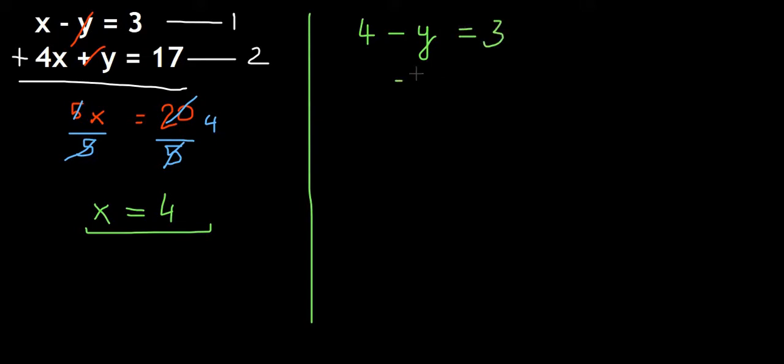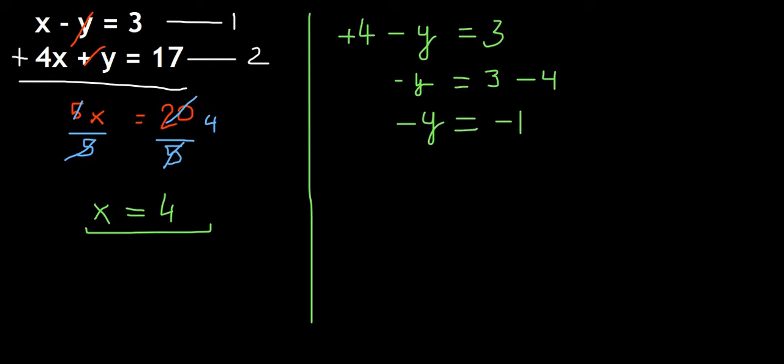Now minus y is equal to 3 minus 4. That's because over here the sign of 4 is positive, and then it will be shifted towards 3, so the sign will change to minus. Now minus y equals minus 1.